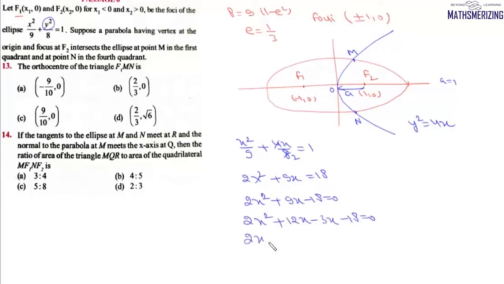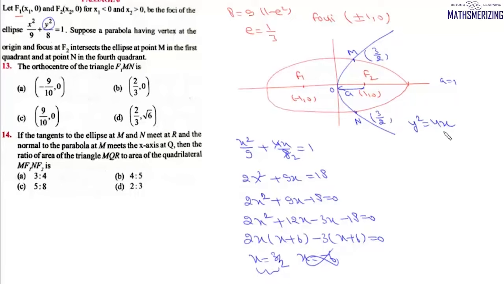So we can write this as 2x minus 3, x plus 6 equals to 0. That is the value of x is either 3 by 2 or the value of x is minus 6. Now x equal to minus 6 is not possible. So the only value of x possible in this case is 3 by 2. So for this point M and N, value of x is simply 3 by 2.